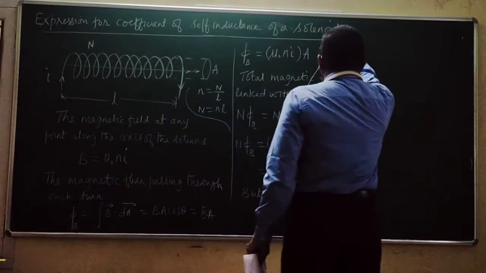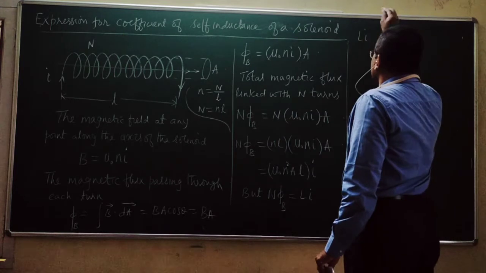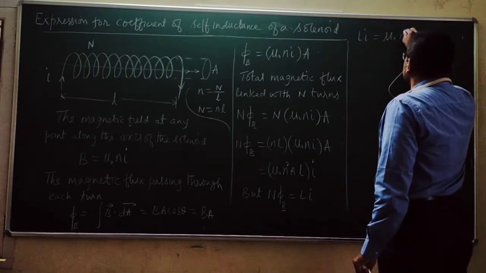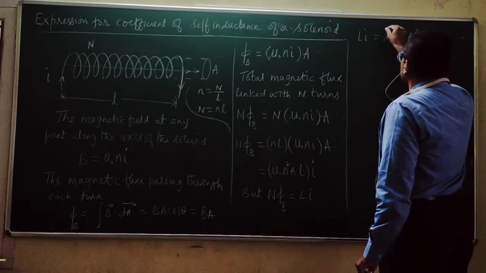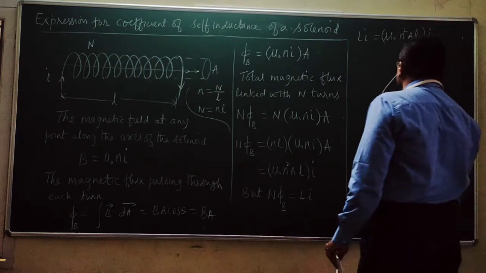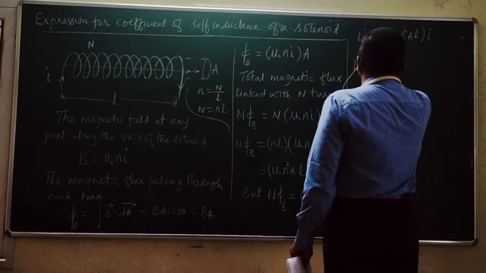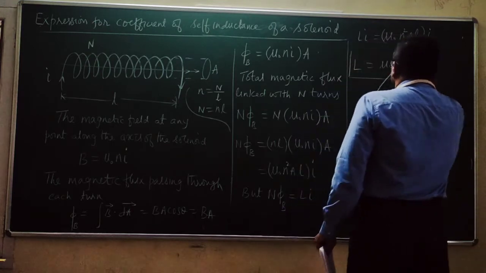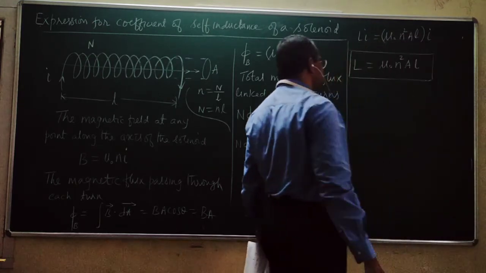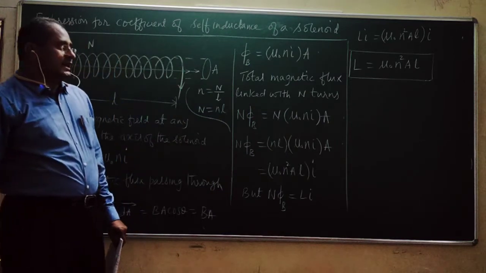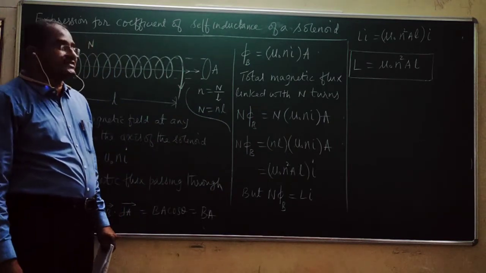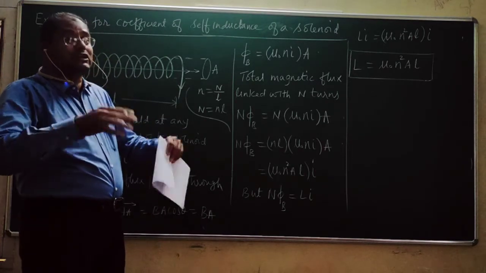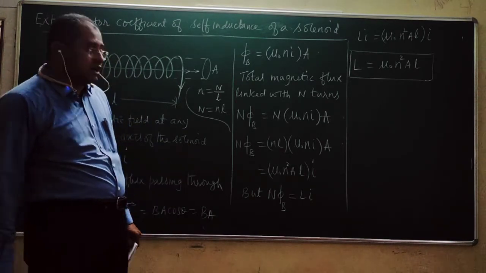So I will substitute L I equals mu naught n squared A L into I. I goes off to give me L equals mu naught n squared A L. That is the expression for the coefficient of self-inductance of a given coil, if air is enclosed between turns, an air core solenoid.